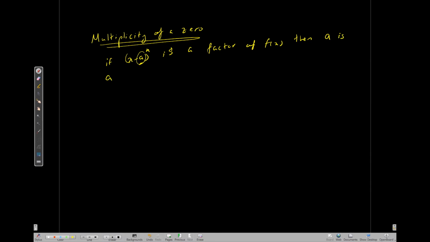See, I'm using a for a and again as the English letter a. So let me change this to b. If x minus b raised to n is a factor of f of x, then b is a zero of multiplicity n.